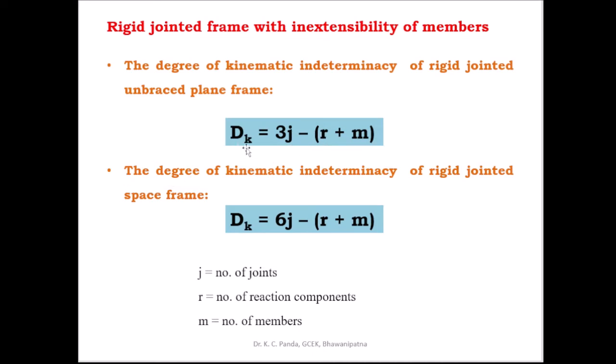Similarly, for a rigid jointed space frame, Dk is equal to 6j minus r plus m. In the case of inextensibility of the members, you have to take the number of members in addition to the external reaction components.